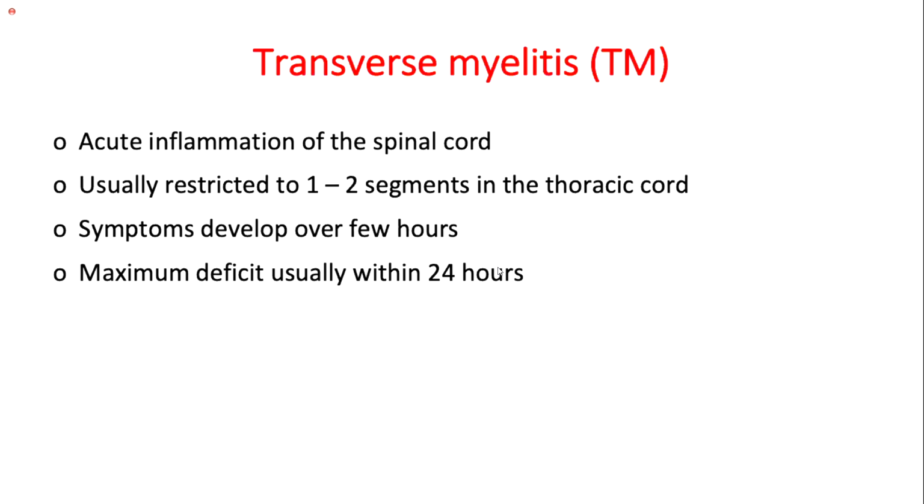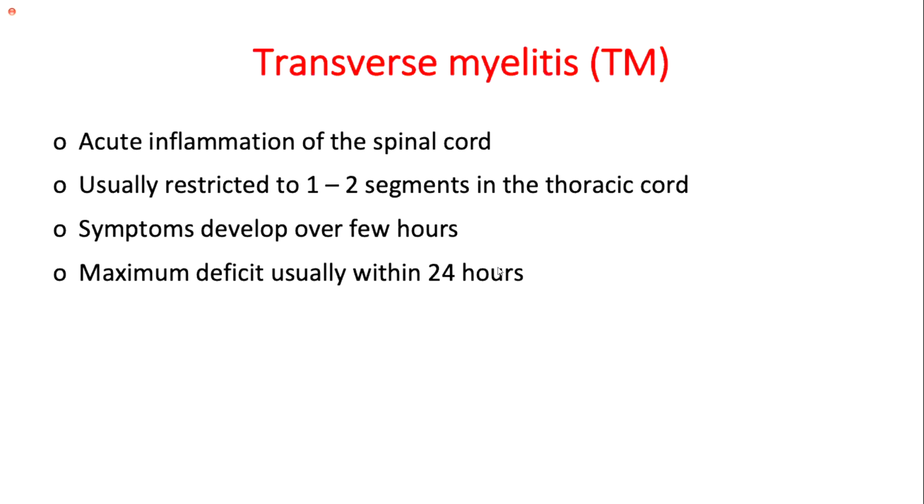By about 12 o'clock, finds it difficult to walk, but is still able to walk holding on to objects. By about 3 o'clock in the afternoon, sits on a chair but cannot get up. And by about 5 o'clock, cannot walk at all. So that is the usual progression. Within 24 hours, it has reached its maximum where the person goes off their legs. So that's transverse myelitis.